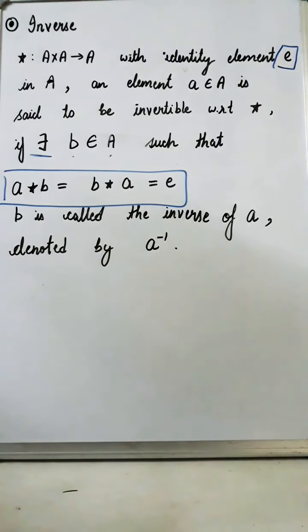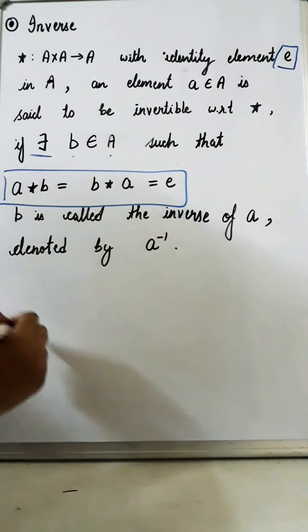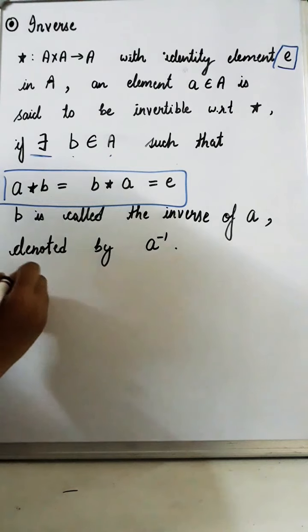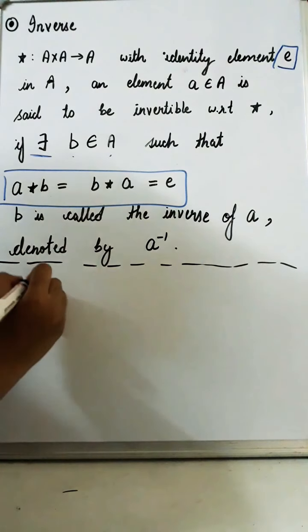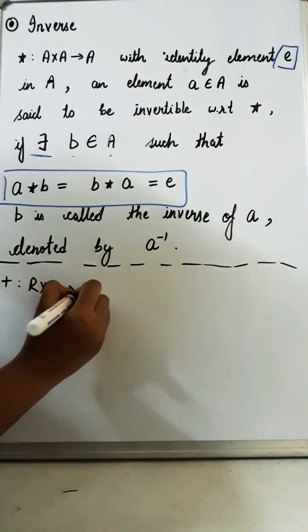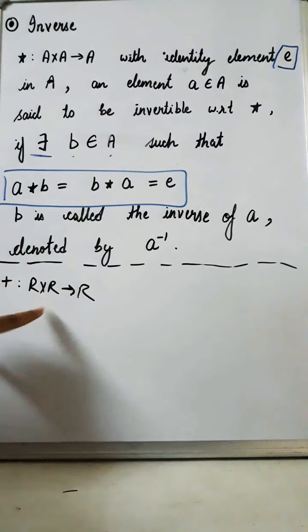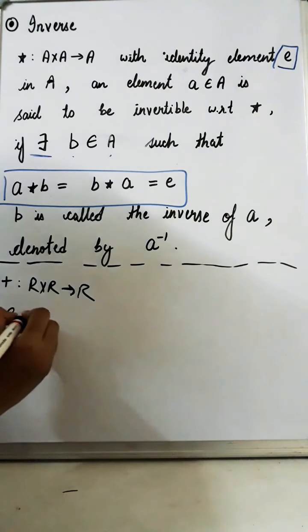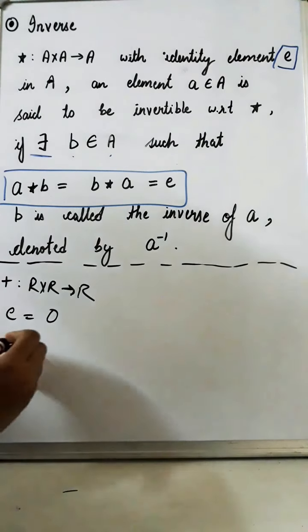Okay. So addition is a binary operation, and you also know the identity of addition. Suppose I am taking this example: the binary operation is addition on the real number set, and you know the identity of addition is 0. Now you have to find the inverse. So what are you going to do? Let us say that B is the inverse.